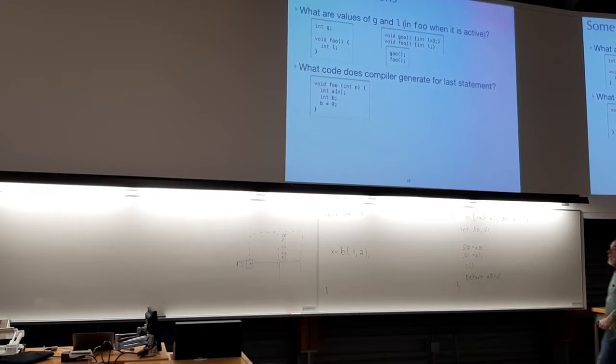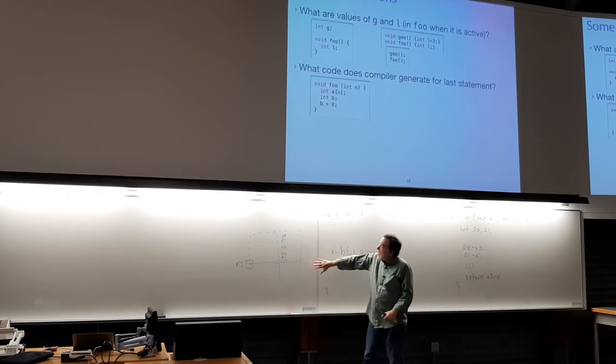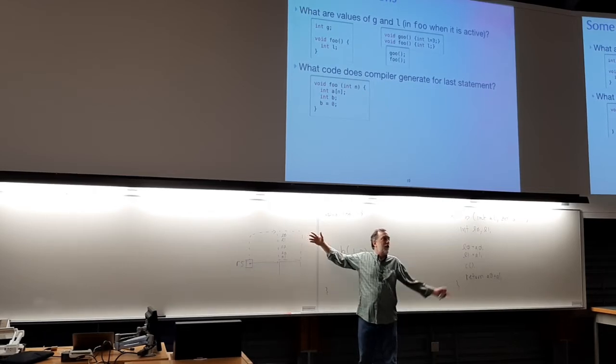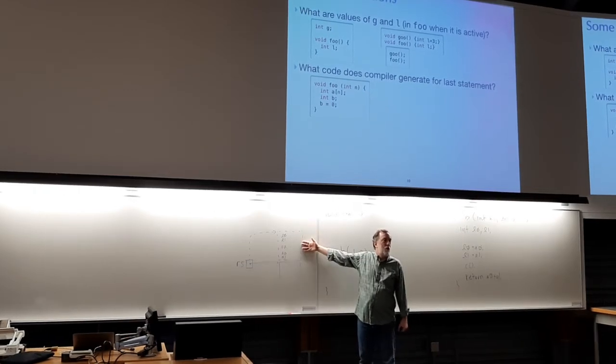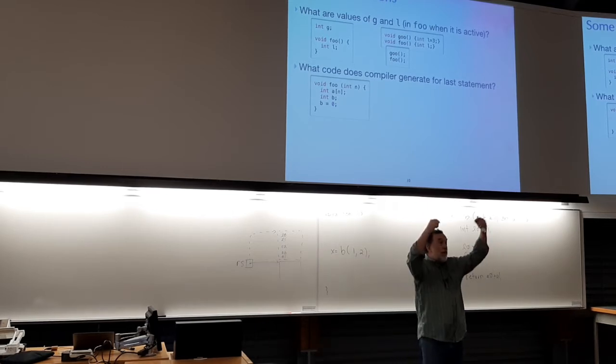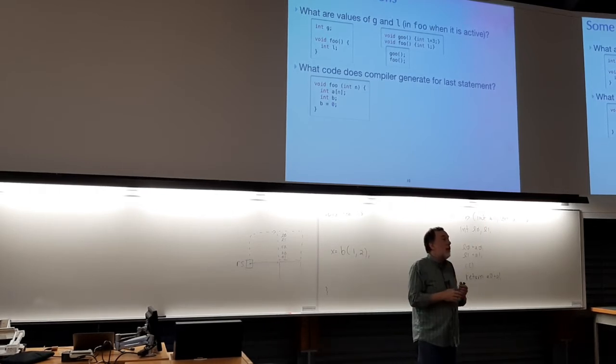But on the other hand, L is dynamically allocated, and so it's going to be in memory here that might have stored something else. Now this is the activation frame for B, not for foo, but same idea. And so, in order to make sure that it would be 0, the compiler would have to generate code to set it to 0. That code would have to execute. So that would add runtime overhead. So C won't do that.